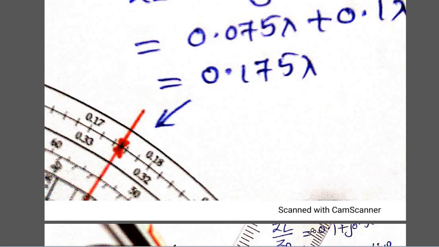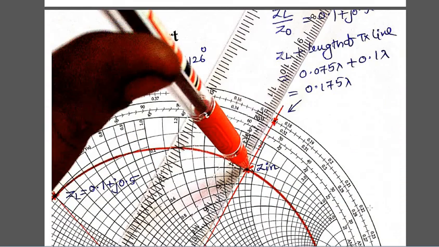From the left side to the right side you shifted. 0.075 lambda existing on the left side, added with 0.1 lambda, becomes 0.175 lambda. That was shifted from the load side towards the generator side. That value of wavelength is 0.175 lambda.